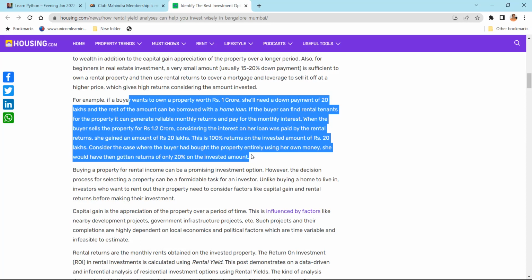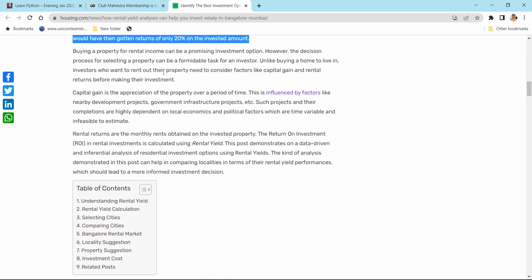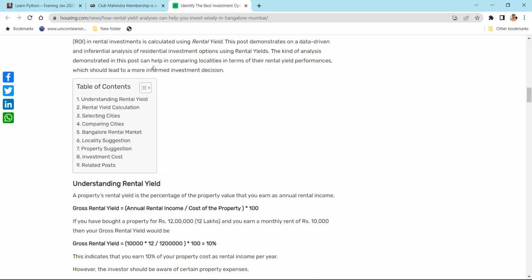Your rent that you are saving if you are staying in that house, or the rent that you are getting if you have given it on rent, versus the cost. So the numerator will be your rent, the denominator will be the cost of the house. So the higher the rental yield, the better the decision that you have made, isn't it? So this guy talks about all this, the formula, how they have calculated what rental yield is.